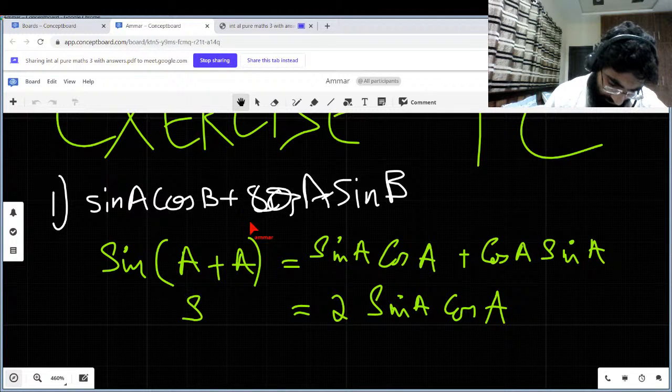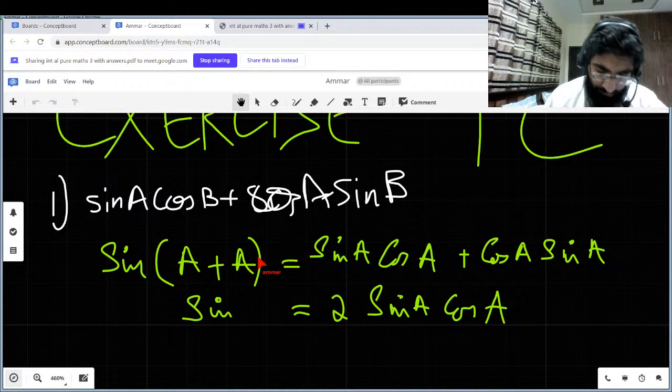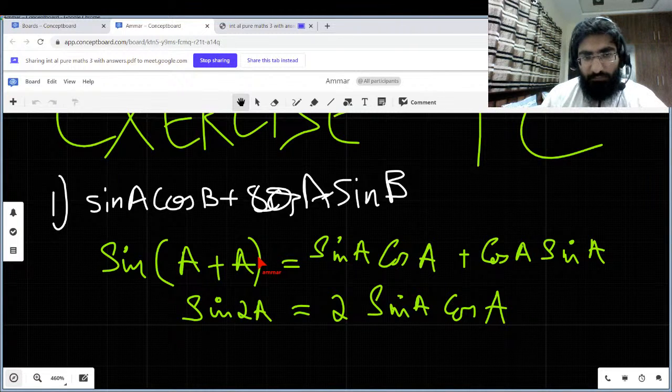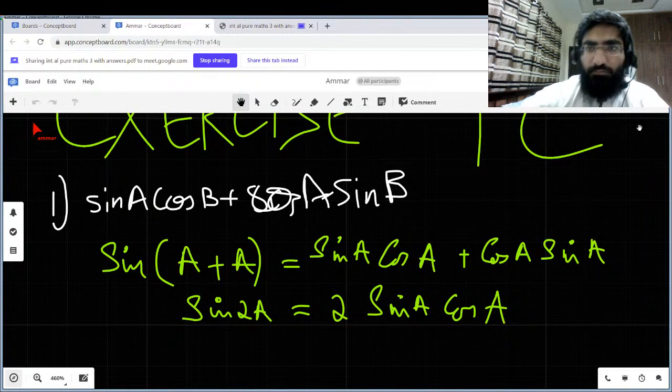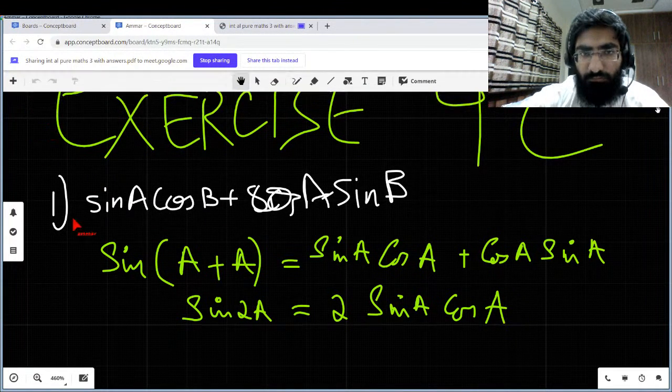So you have sine 2A is equal to 2 sine A cos A. Okay, I get it.